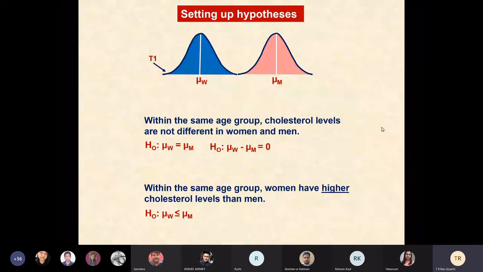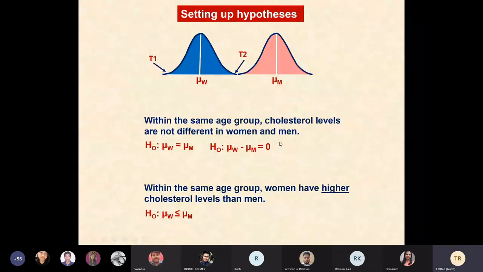Remember, each normal distribution has two tails, one on the right side, one on the left side, where the tails extend. So let us call them T1 and T2. In the first one, we are only saying that they are different. It doesn't matter whether one is higher than the other or the other way.